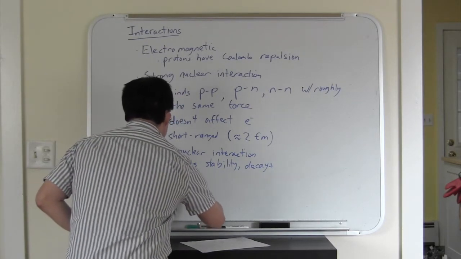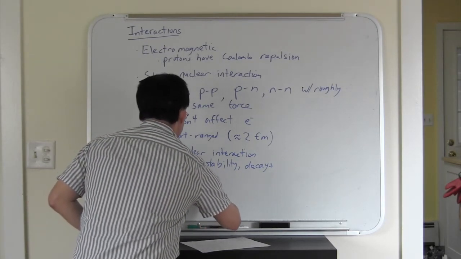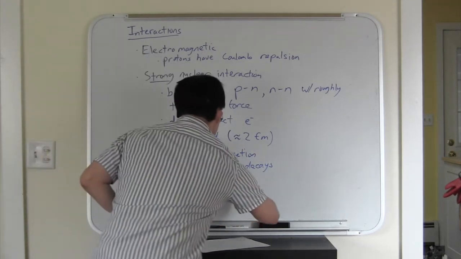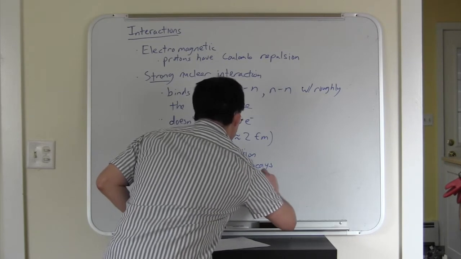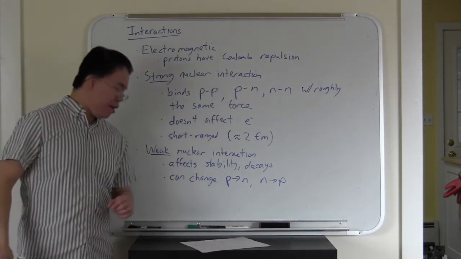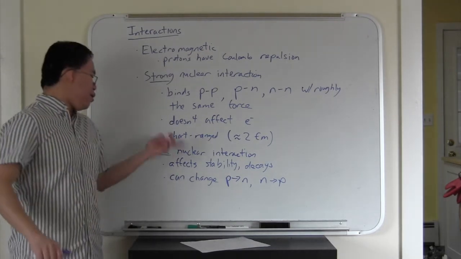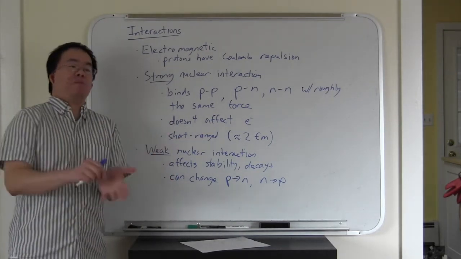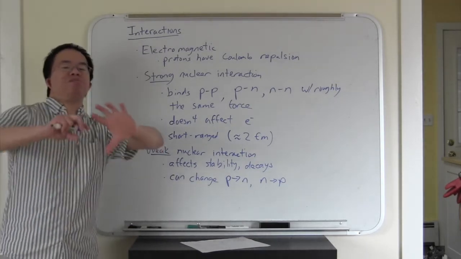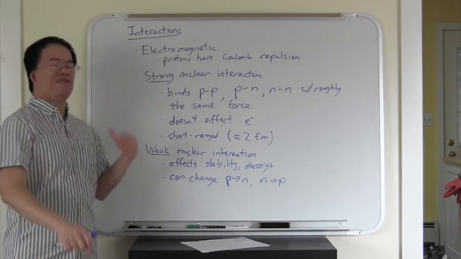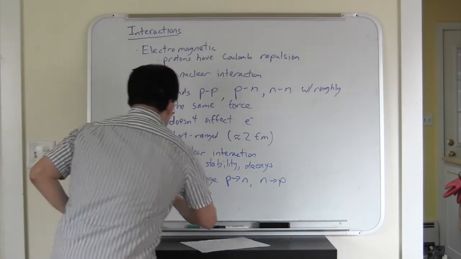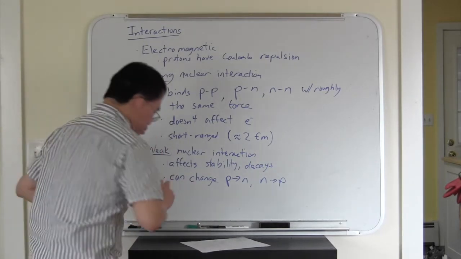So it can change protons into neutrons and vice versa. And like the strong interaction, it's very short range, even shorter range, in fact. And the signature thing that you always have when you have weak interactions is that it almost always involves neutrinos.